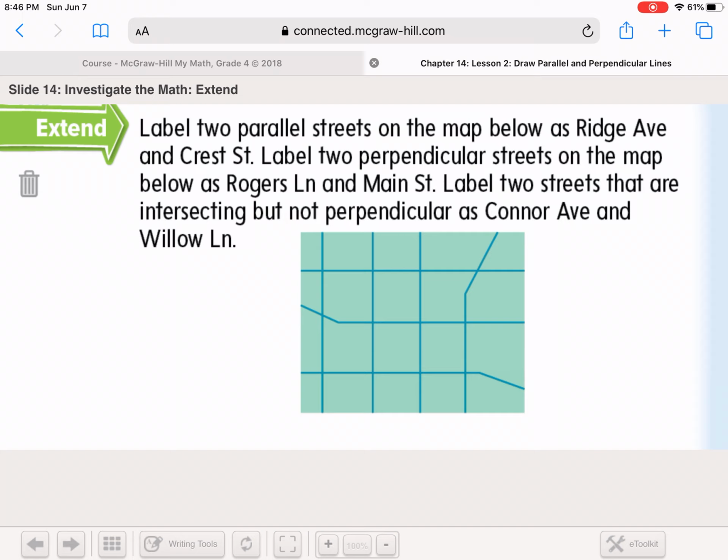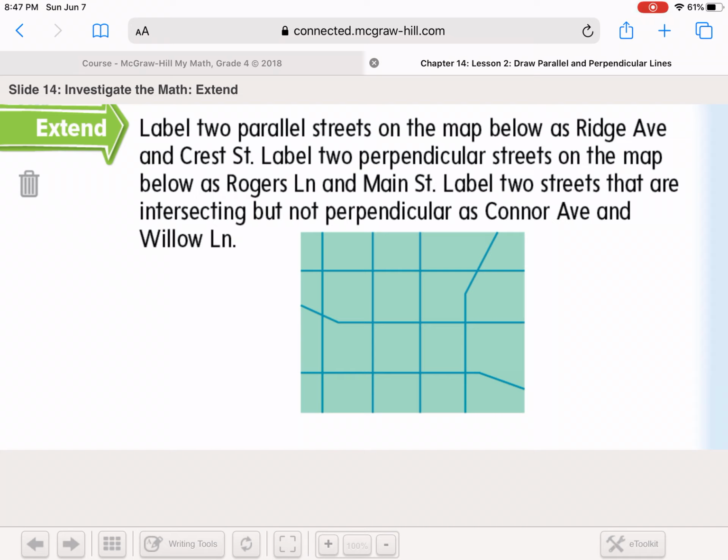Label 2 streets that are intersecting but not perpendicular as Connor Ave and Willow Lane. We would be doing this in class, and this is impossible for me to write on, so I'm going to flip to the next page. But I want you to get an idea of where we would be putting these. We have to name 2 parallel streets as Ridge Ave and Crest Street.